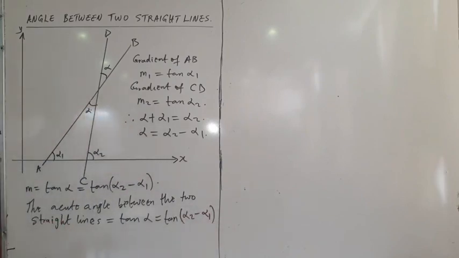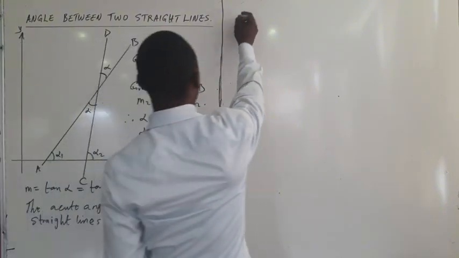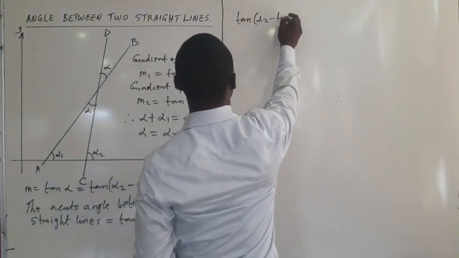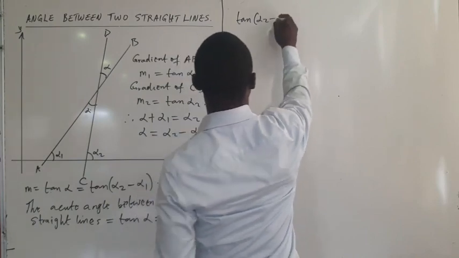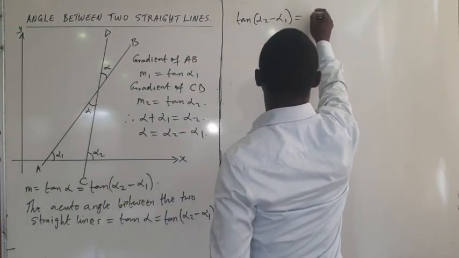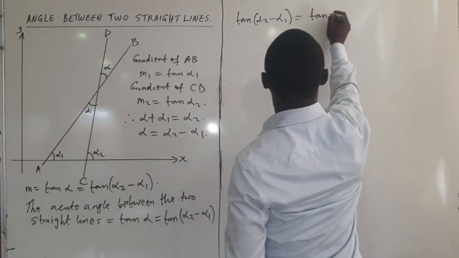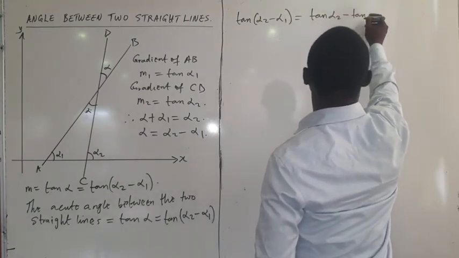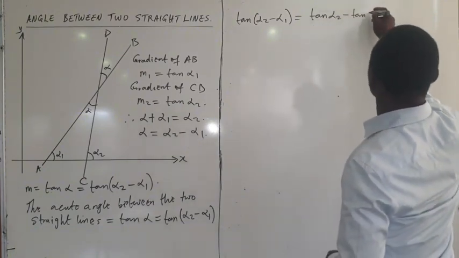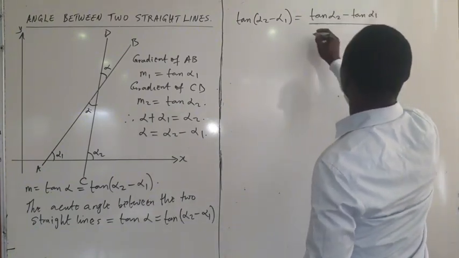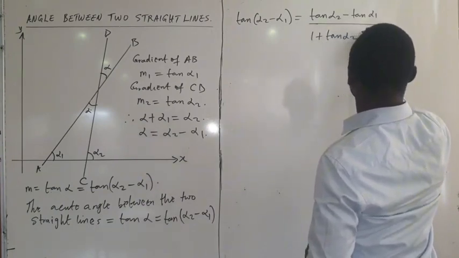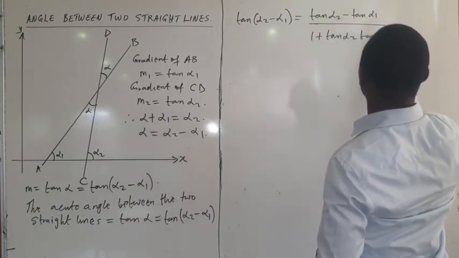So tan of alpha 2 minus alpha 1 equals tan alpha 2 minus tan alpha 1, all over 1 plus tan alpha 2 tan alpha 1.